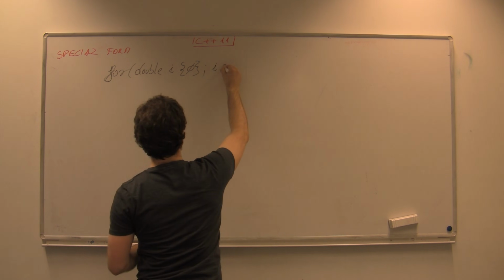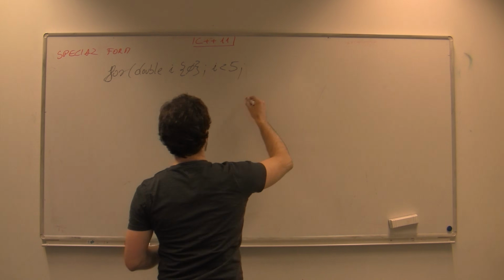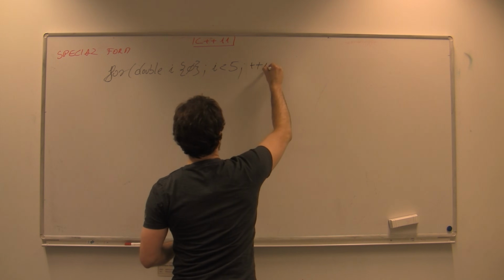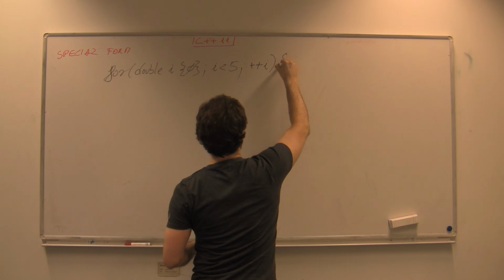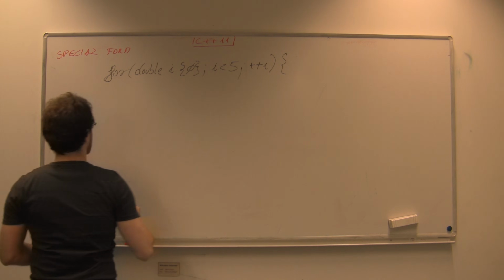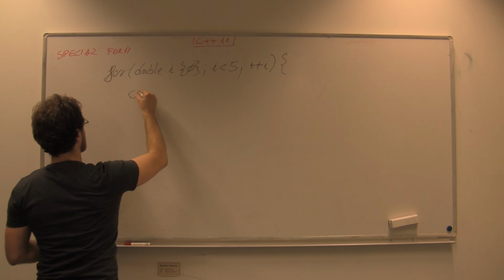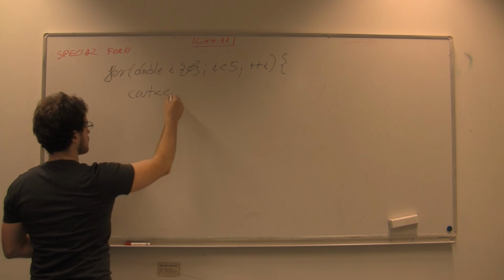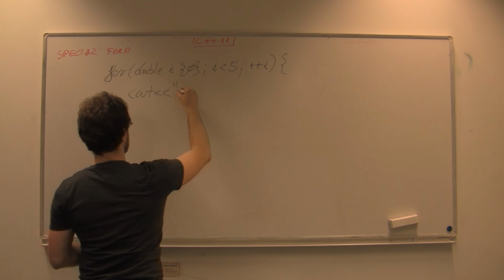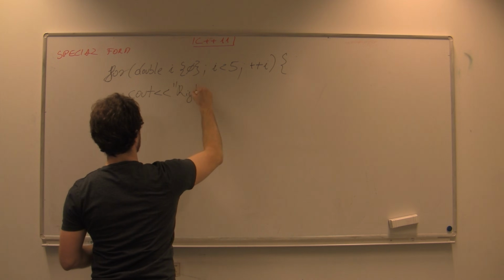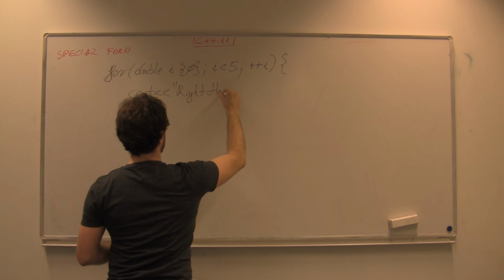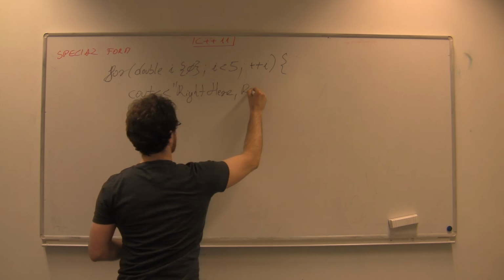I write loop condition and a loop increment. And now I specify the action to repeat, which is one verse of the lyrics.